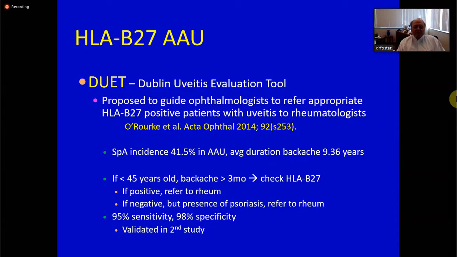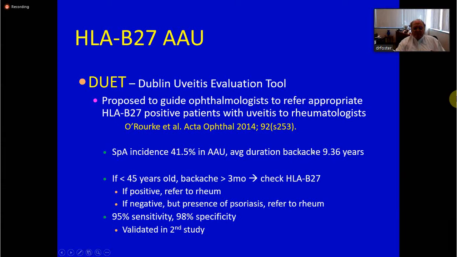The Dublin uveitis trial resulted in the development of a proposed guide for referral of patients who are B27 positive. Spondyloarthropathy was seen in the Dublin patients in 41.5% of the patients who had B27 associated acute anterior uveitis.